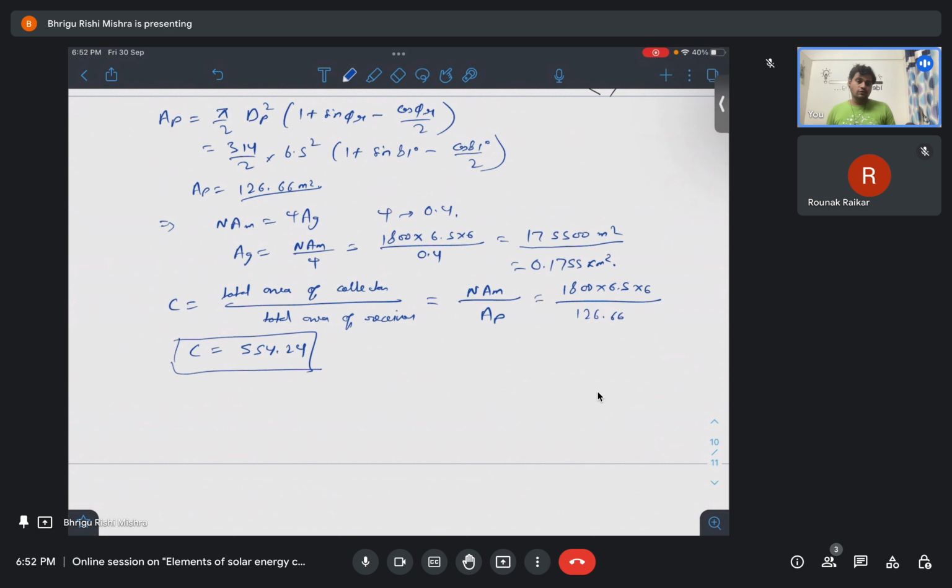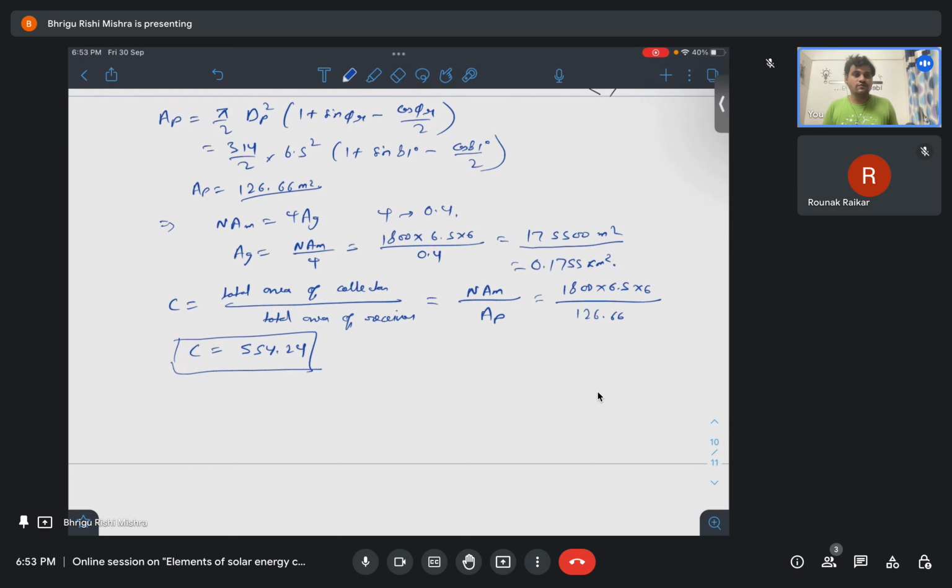It goes to 1000 also. If we can decrease the absorber area, then we can increase the concentration, or we can increase the total area of collector, but again increasing the area of collector will impact the cost, and reducing the area of receiver may increase losses such as spillage losses as well as radiation losses.